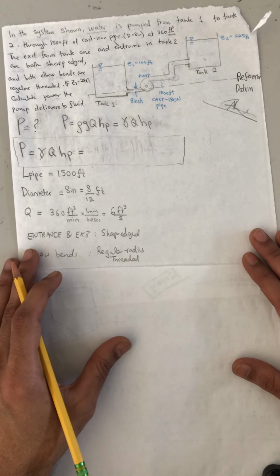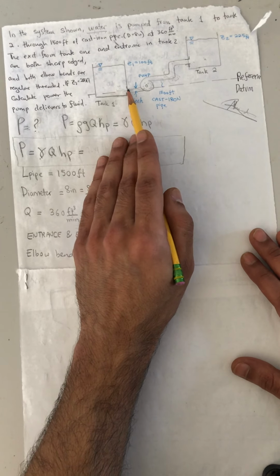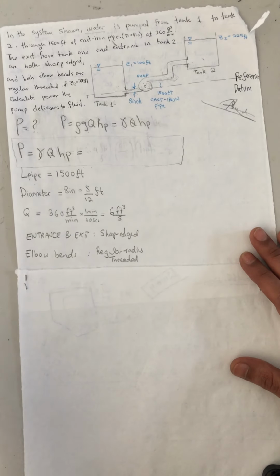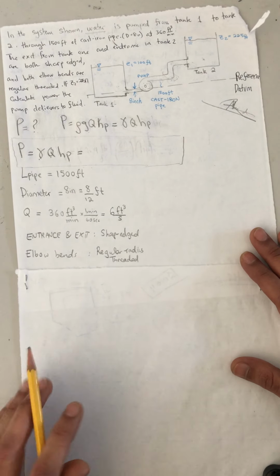But in this case, we have our head gain, and then we have our head losses due to the bends and due to the sharp edges.